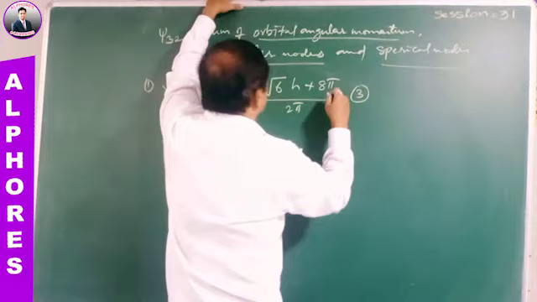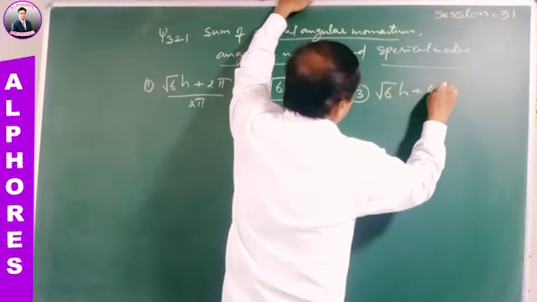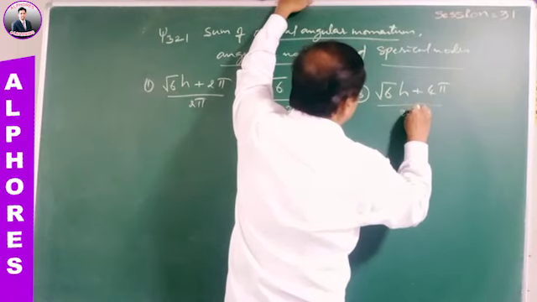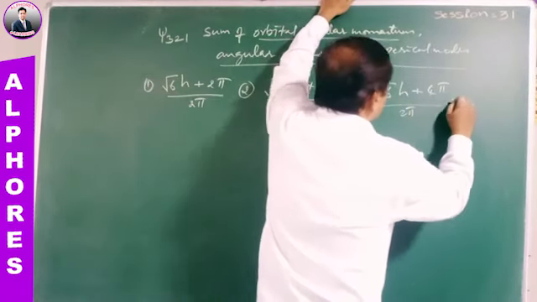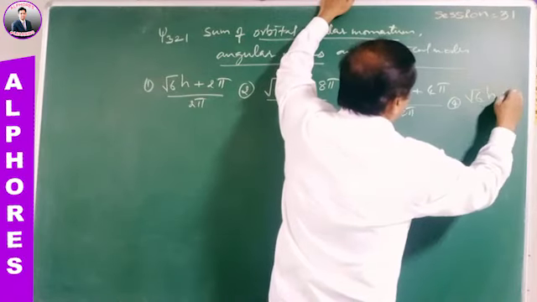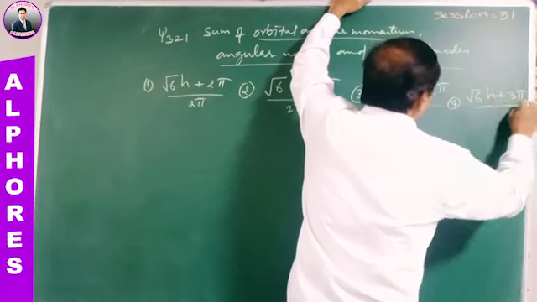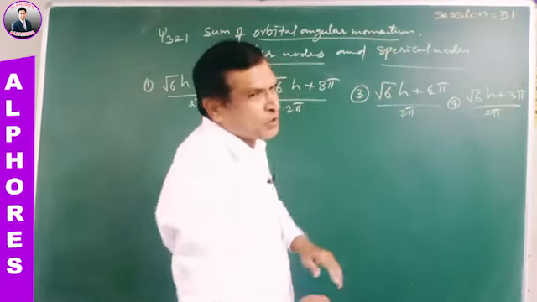Third option, root 6h plus 4 pi by 2 pi. And last, fourth option, root 6h plus 3 pi by 2 pi. So these are the four options we can give.